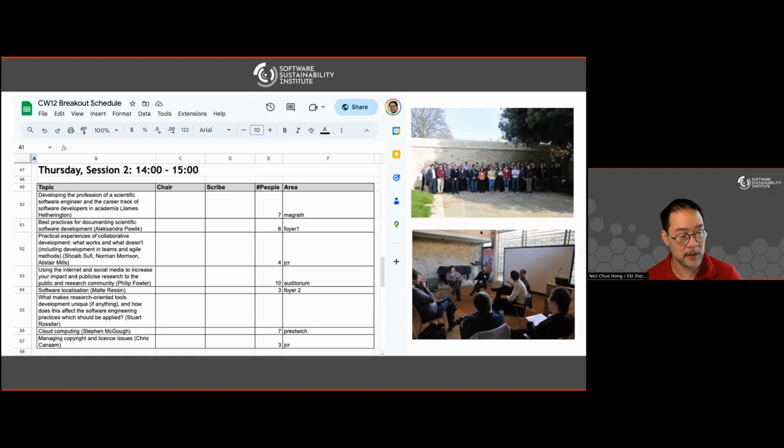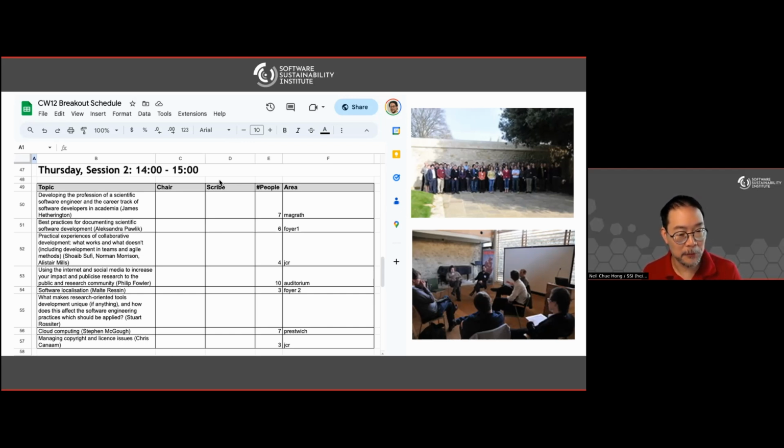And as you can see, this is the session that we had on a lovely sunny Thursday afternoon. It showed lots of different types of topics that were being discussed, including one being led by James Hetherington, who some of you may also know as one of the famous faces of the research software engineering community, around developing the profession of a scientific software engineer.